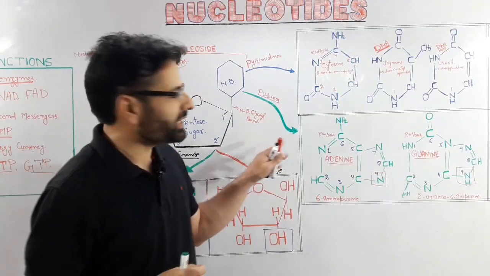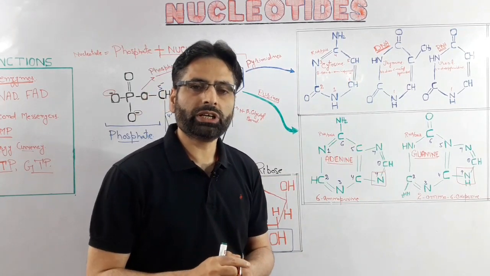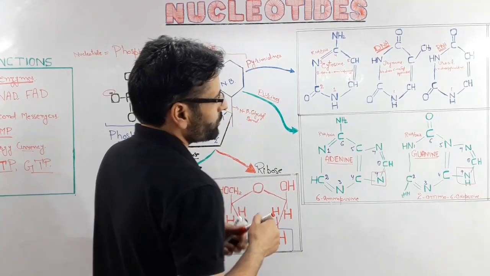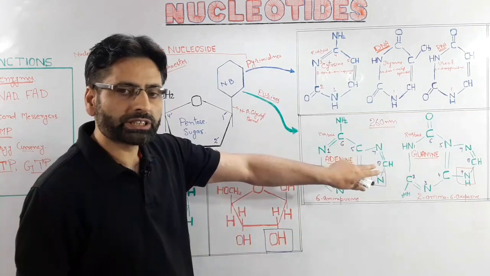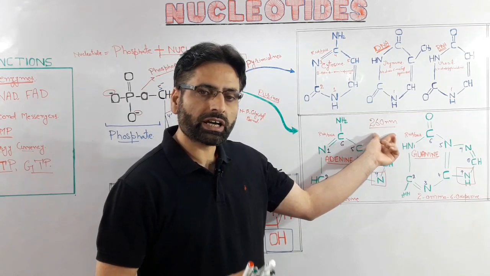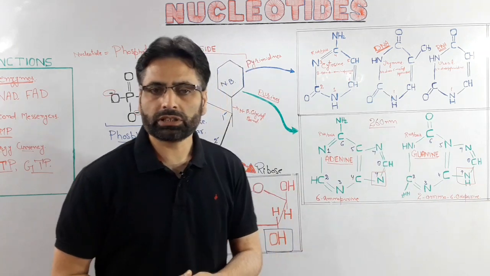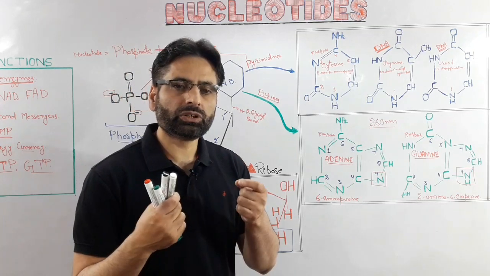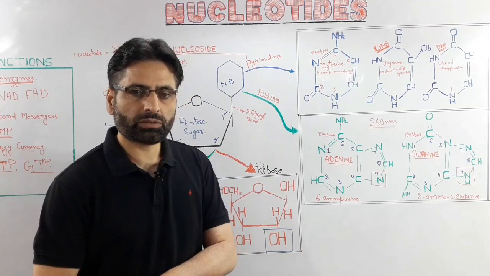Another important point is that because of these nitrogen bases, nucleic acid molecules show strong absorbance at 260 nanometer in the ultraviolet range, and this characteristic has been used in various quantitative analysis of these nucleic acid molecules.